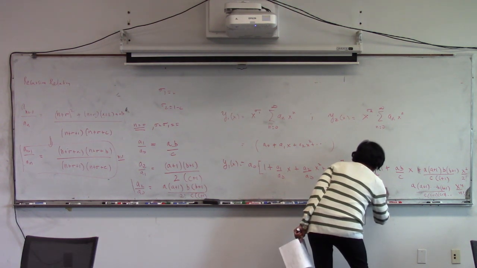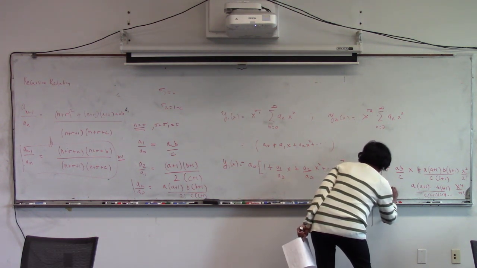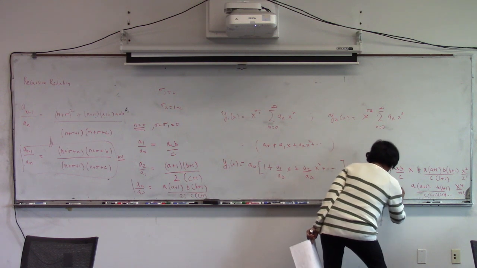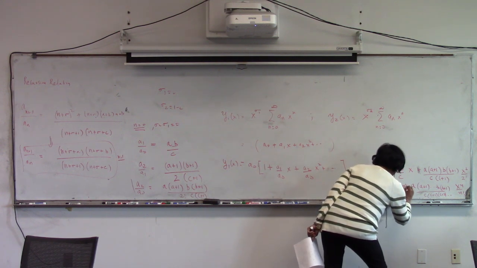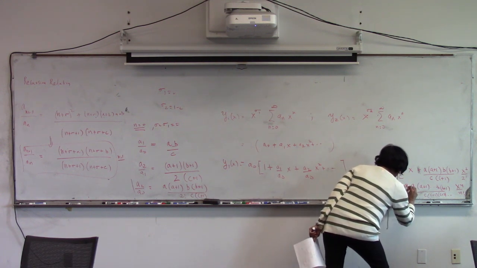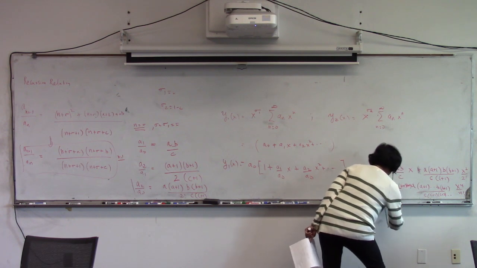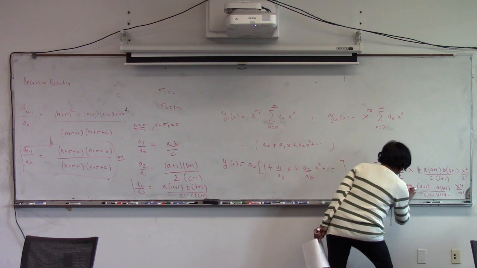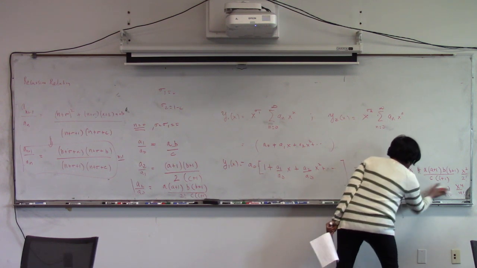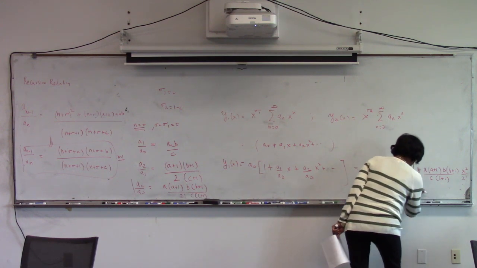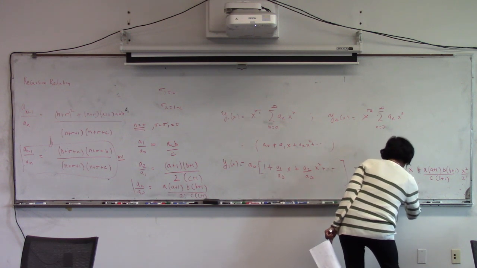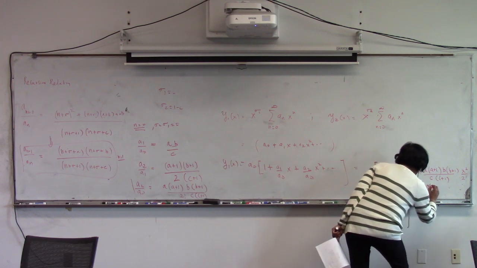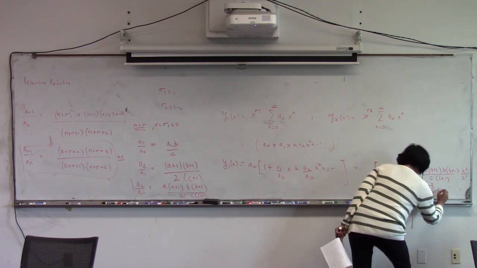A times a plus 1, a plus 2, b times b plus 1, b plus 2, c times c plus 1, c plus 2, x cubed over 3 factorial, and so on and so forth. I'm not going to write this one fully so that you understand this one first.